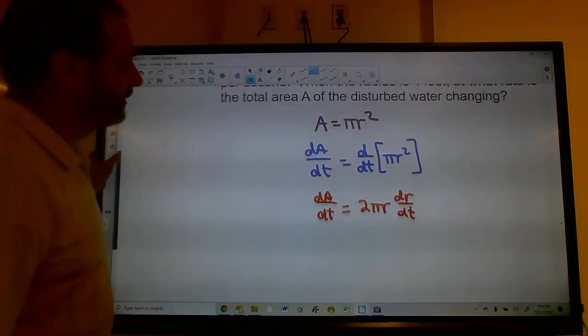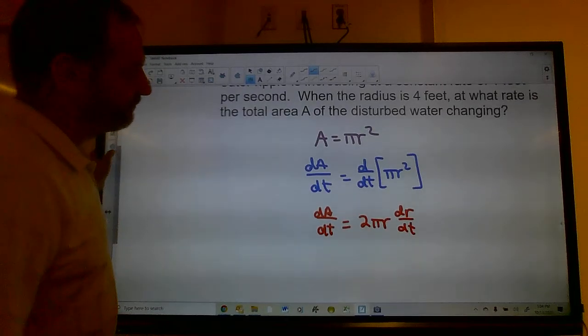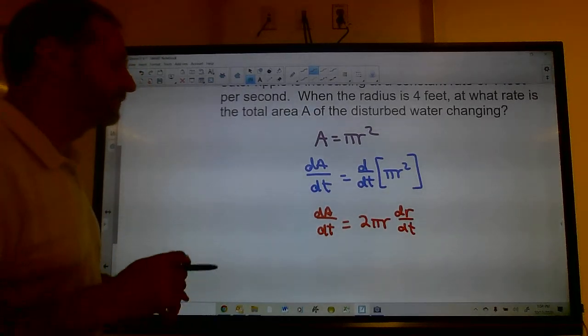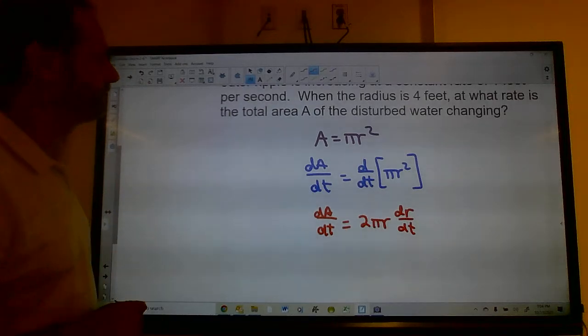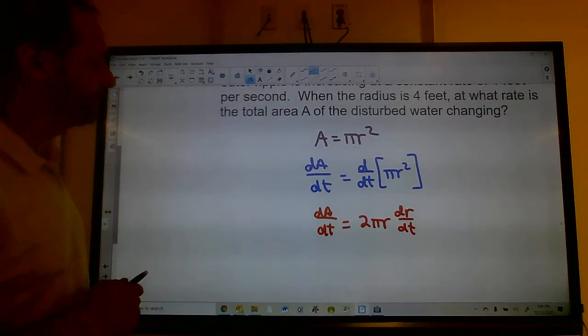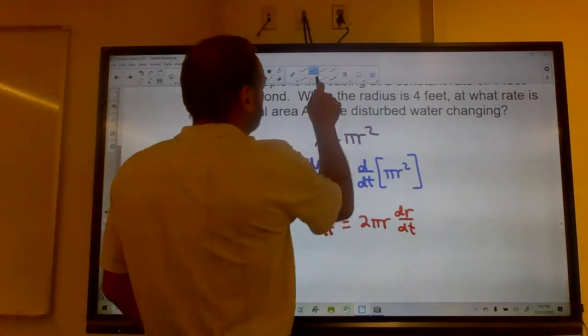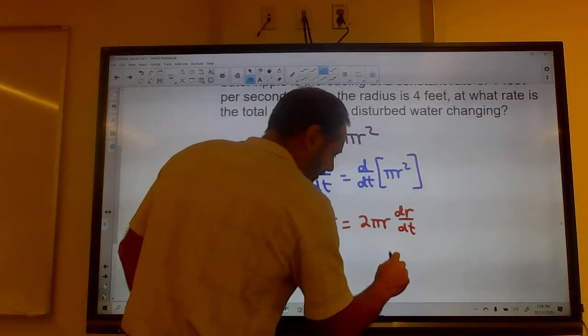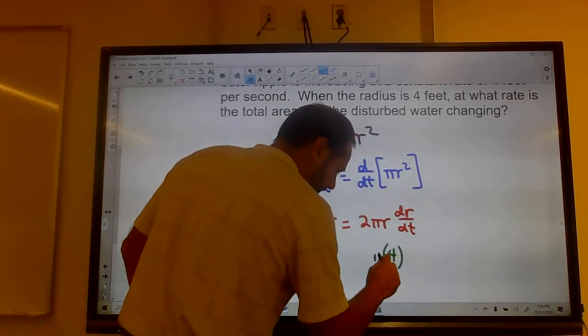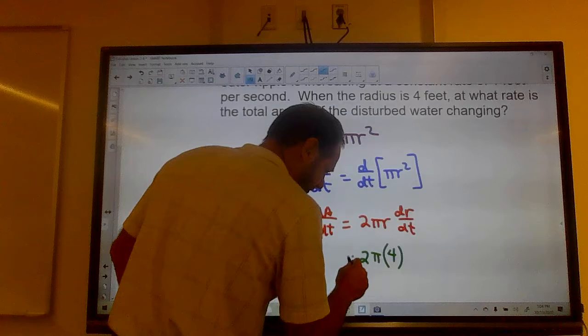Okay, so we've differentiated this thing, and what do we know here? We know that when the radius is 4 feet, I can take 4 and plug that in here for r. So r is 4. Pi is just pi, 2 is just 2.